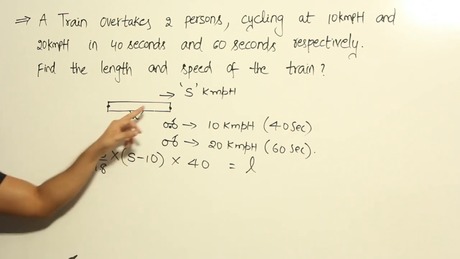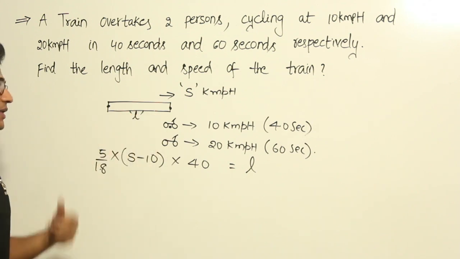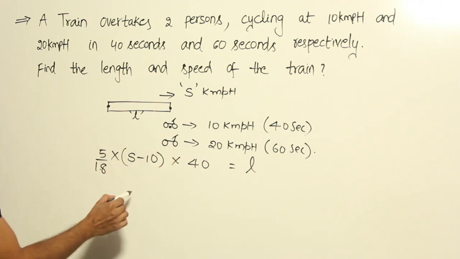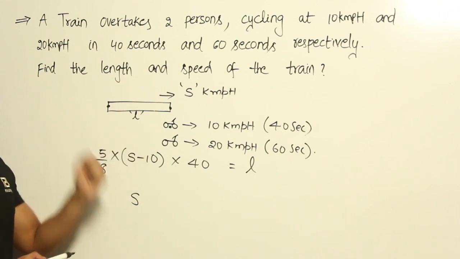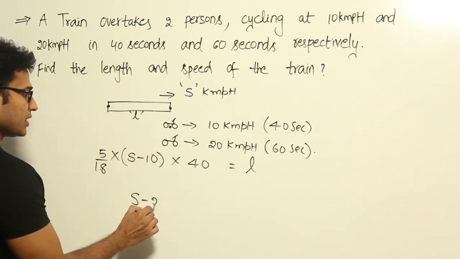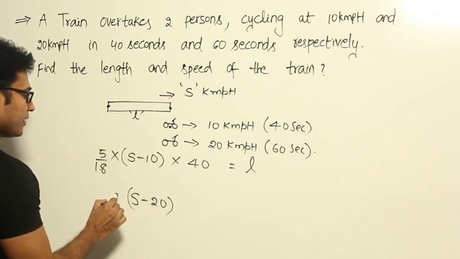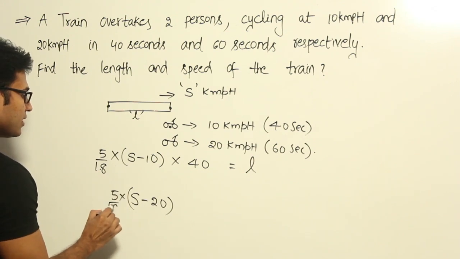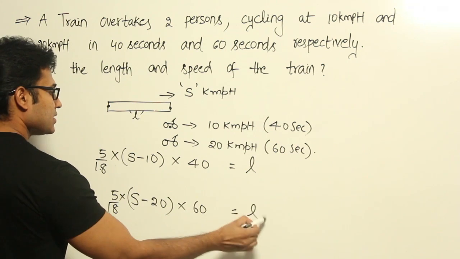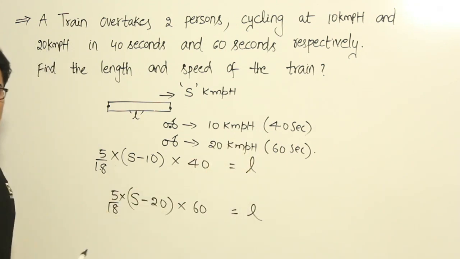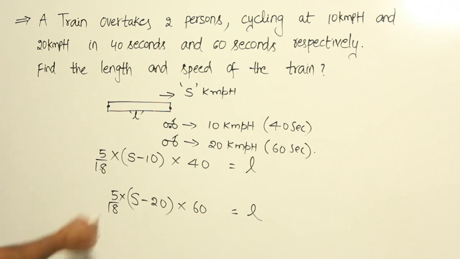Now I can do the same thing with the second one as well. The relative speed between the train and the second cycle is s minus 20, and again I'll convert it into meters per second, and they are saying that it is going to take 60 seconds to cross, which means in 60 seconds you are going to cover a distance of L. Now we have to equate these two. If I equate these two, the conversion factors are going to get cancelled, right?